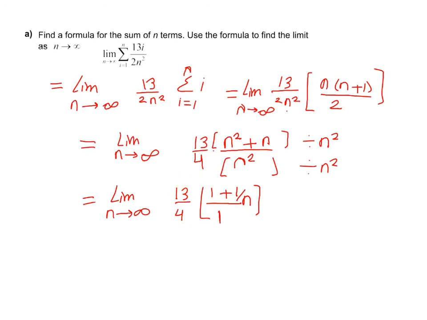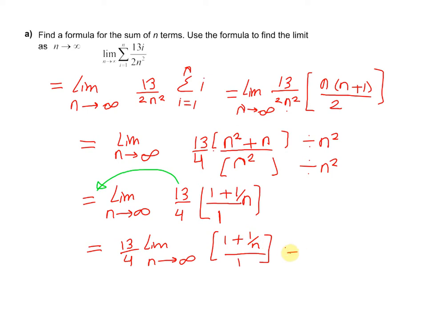This 13 over 4 could be taken outside the limit as it is constant. So again we have 13 over 4 limit as n approaches infinity of 1 plus 1 over n all over 1, equals 13 over 4.